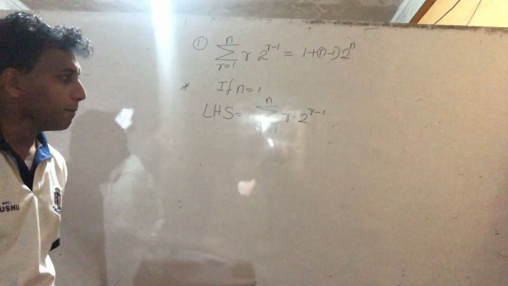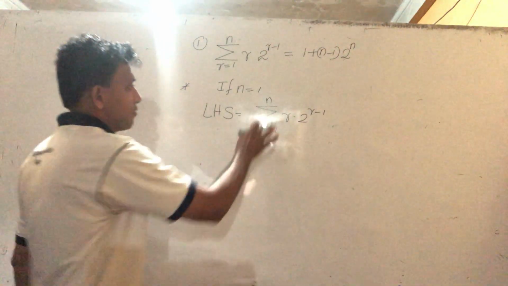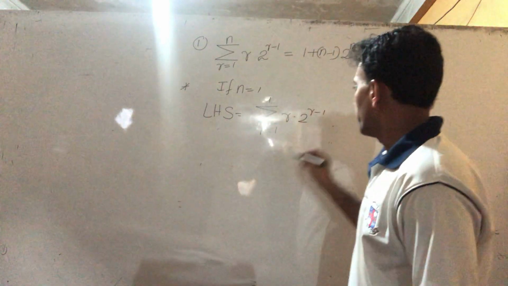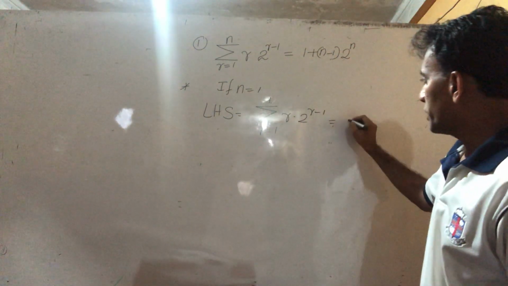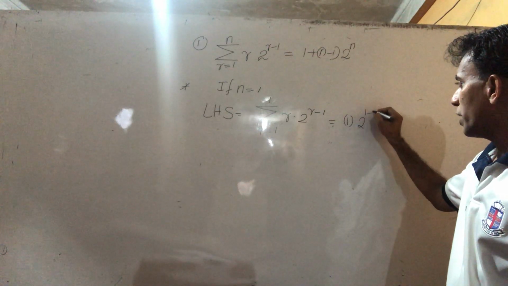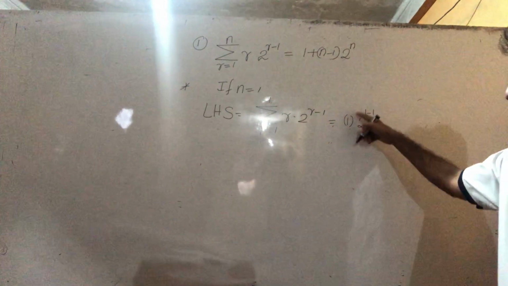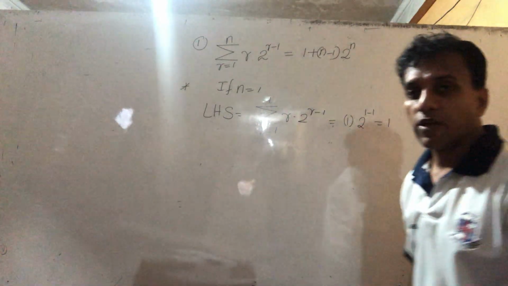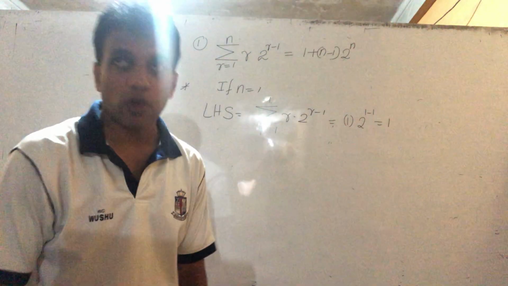That means one number, 1 to 1 means just one term. So what is the value? r is 1, therefore 2 to the power 1 minus 1, that is 2 to the power 0, which is 1. Therefore the left hand side answer is 1.